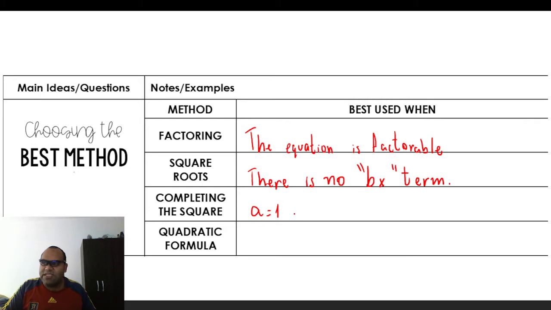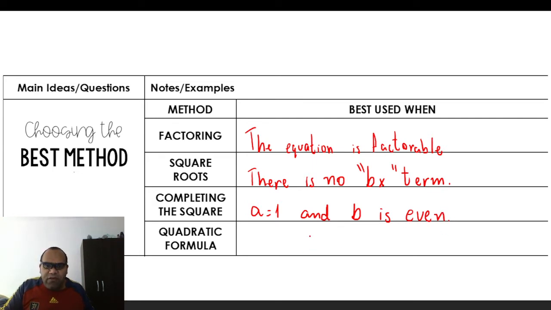You see just x squared alone, and b is even. When you see your linear coefficient is an even number, 2, 4, 6, -2, -4, -6, any of them, okay? Because it's easy to find the half and it's easy also to square it.